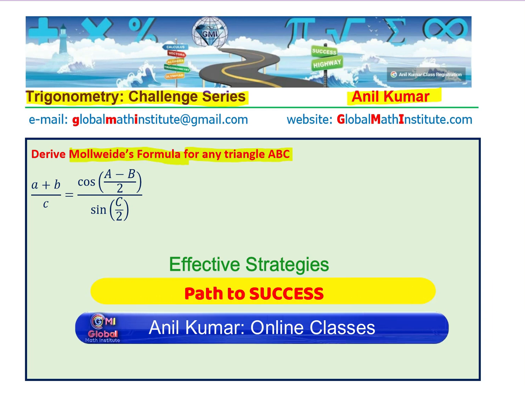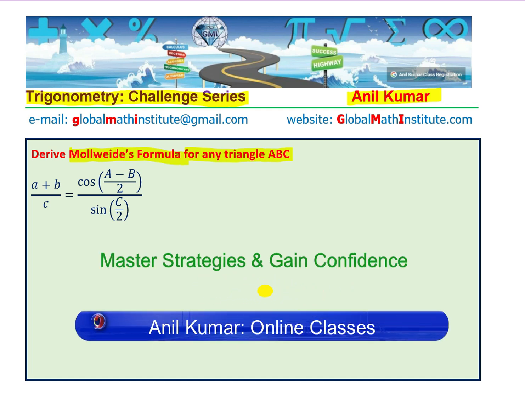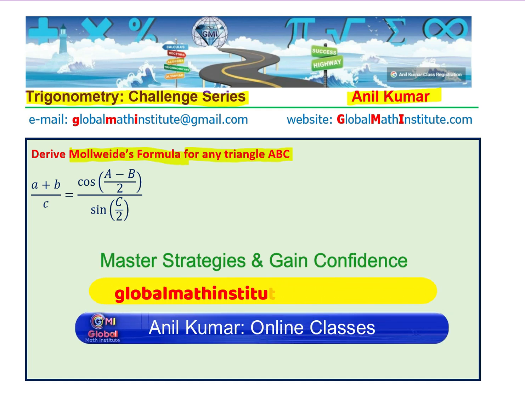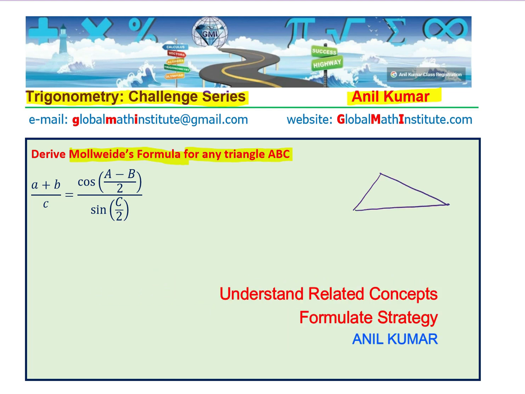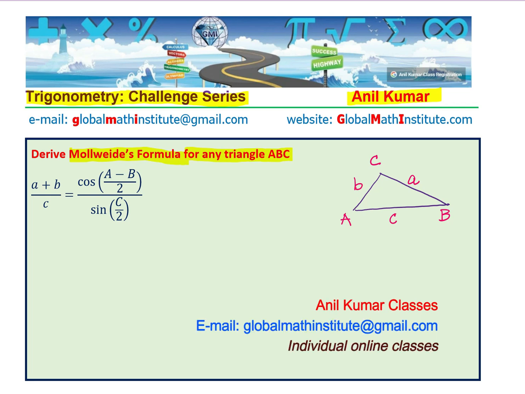Let's try to understand some basics before getting into the derivation of this formula, which will require many combinations. So let's begin with the simple triangle itself. Let's say we have a triangle ABC. So if I write the vertices A, B, C like this, the sides will be lowercase a, b, c as shown here. The opposite side is named as the lowercase of the vertex.